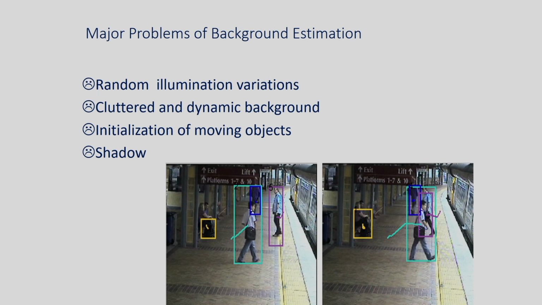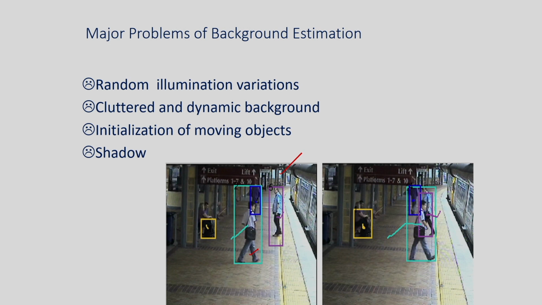In this image you can see the background is very cluttered, and one train is moving, that means the background is dynamic. And we want to track these persons. You can see I am doing the tracking in the presence of the moving background and the cluttered background, and also the illumination is not constant, not uniform. Random illumination variations are present in these images in the video.